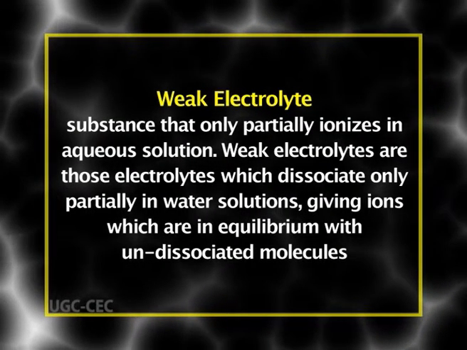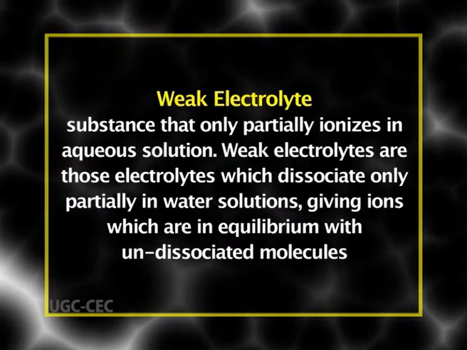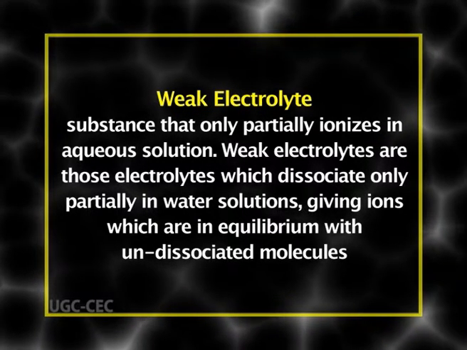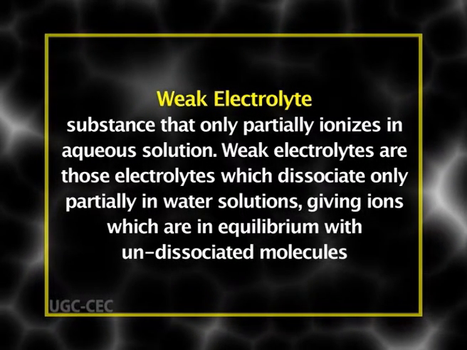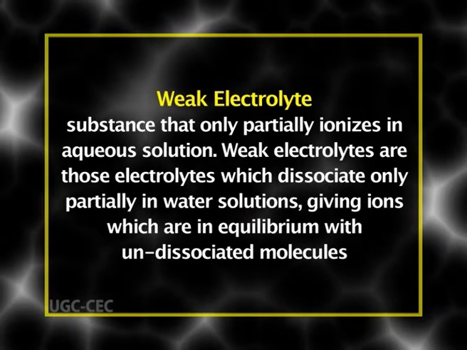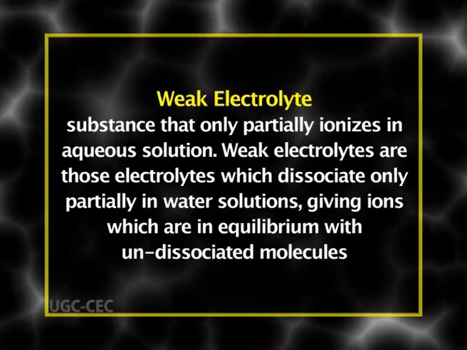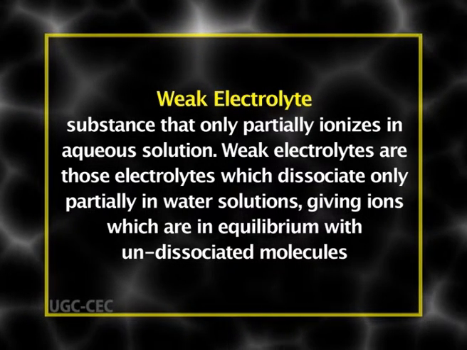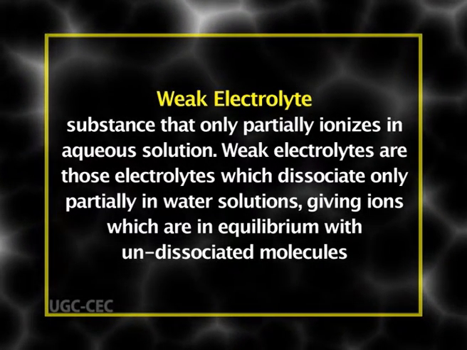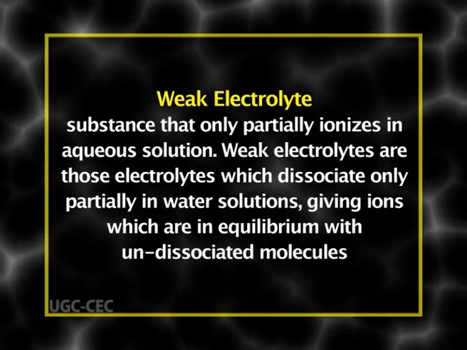Weak electrolytes. Weak electrolytes are substances that only partially ionize in aqueous solutions. Weak electrolytes are those electrolytes which dissociate only partially in water solutions, giving ions which are in equilibrium with undissociated molecules.